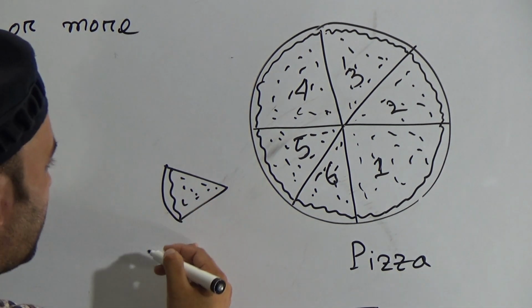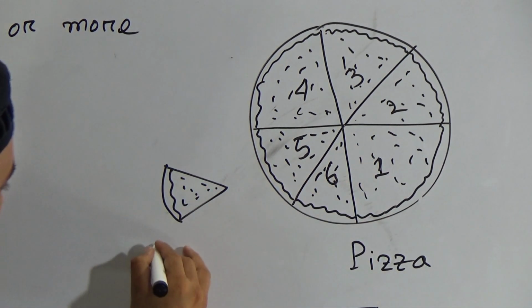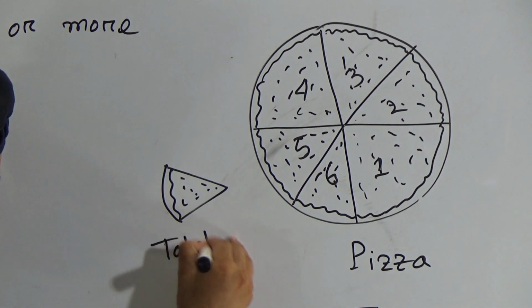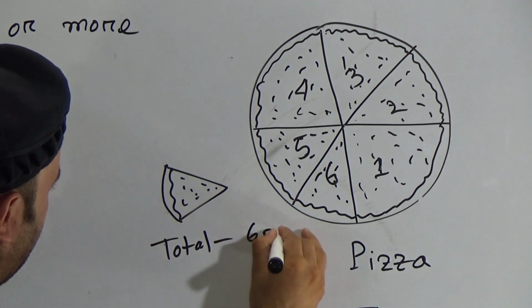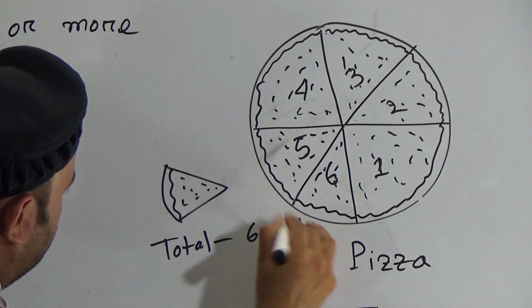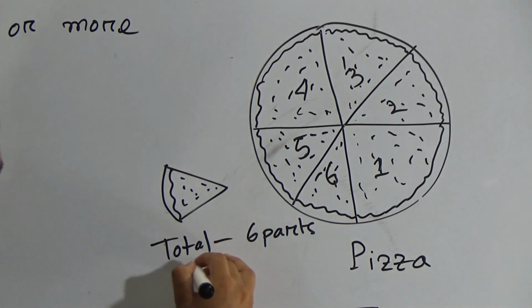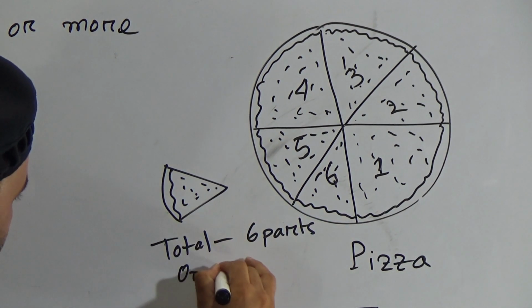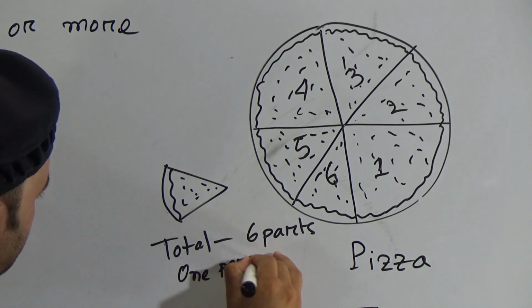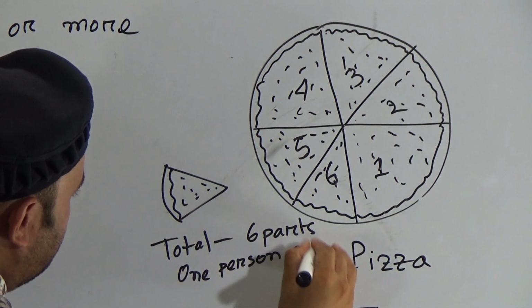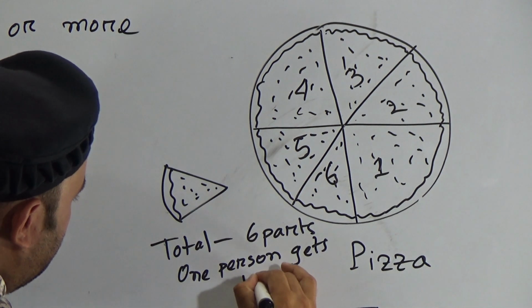From this we can write, here is total 6 parts, and one person gets 1 part.